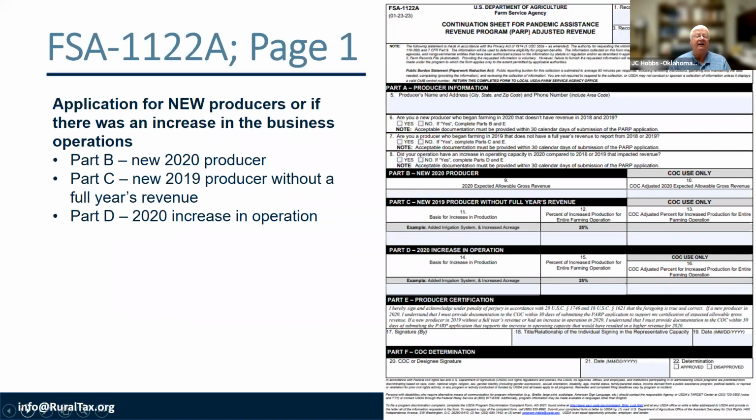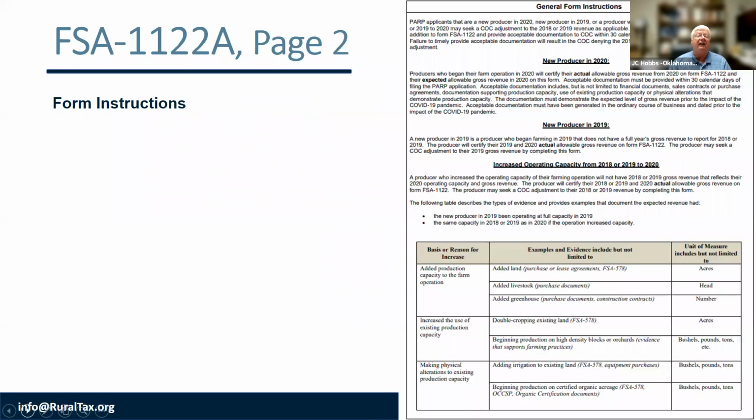If they were new to 2019, or they don't have a full year's revenue, they're going to use Part C. If there's an increase in the operation, overall scope or size of the operation, then you fill out Part D. Again, for our example, we made the assumption that this was not going to apply, so we didn't fill out the 1122A. And on the backside is also the instructions of what to include, exclude, what to look at, how to fill out the form correctly.